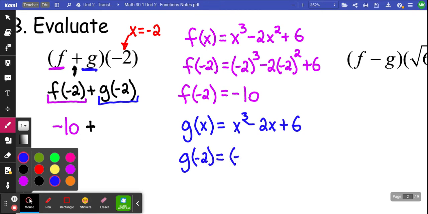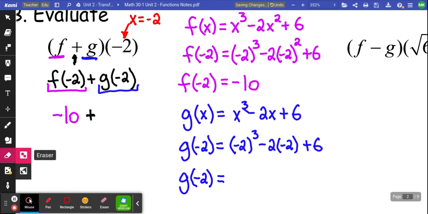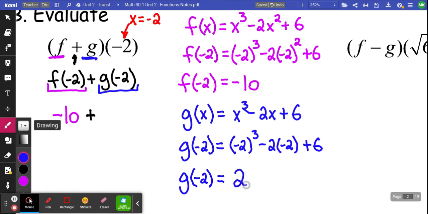And you end up with -2 cubed minus 2 times -2 plus 6. Throw that in your calculator. And you should find that g of -2 equals 18. Is that right? No, sorry, that is not right. Yeah, sorry, my bad. It's -8 plus 10, which is +2.